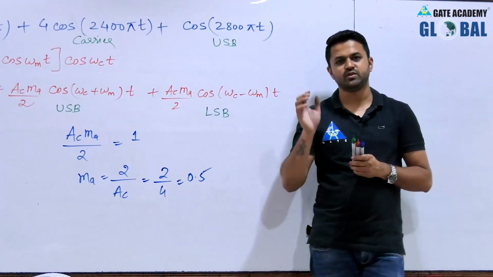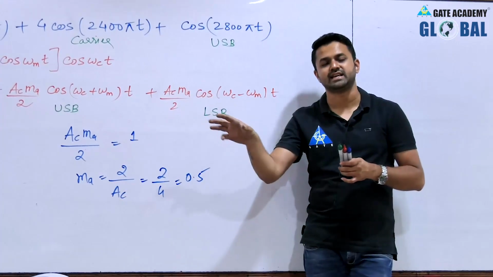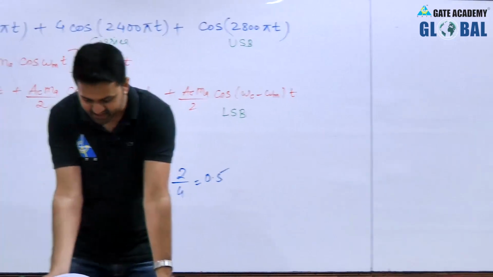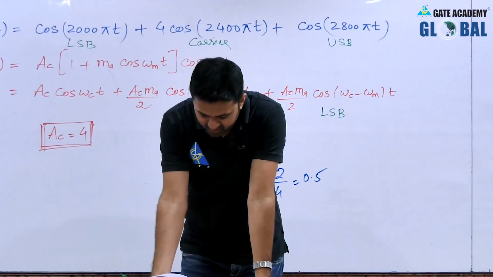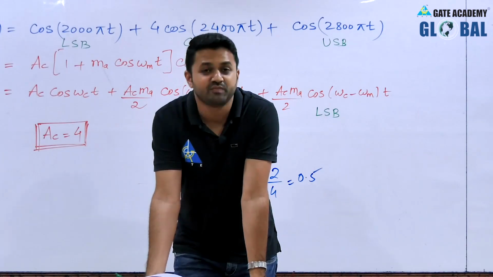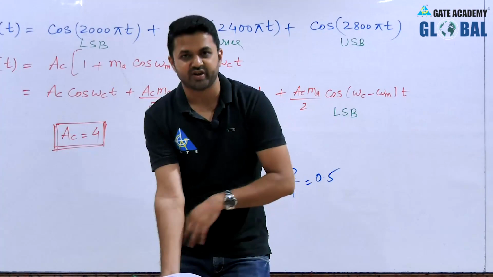Now, we know that the message signal in case of AM lies in the sideband. Here it is asked for the ratio of power of the message signal, and the message signal lies in the sideband, so it means the power of the sideband.